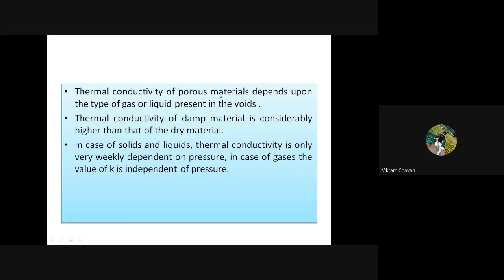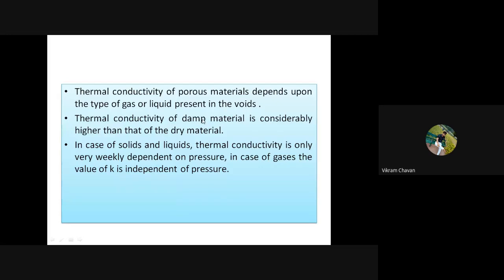In that case, the thermal conductivity of that material depends on which kind of gas or liquid is present in the voids or holes. Then, thermal conductivity of damp material.